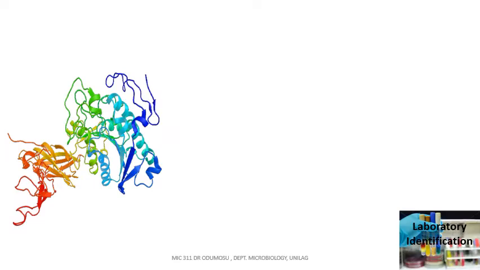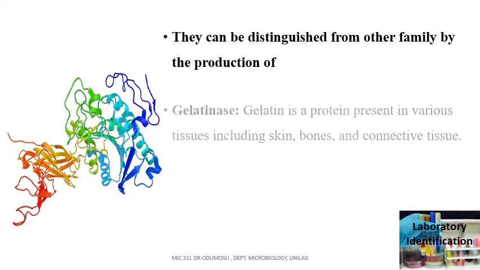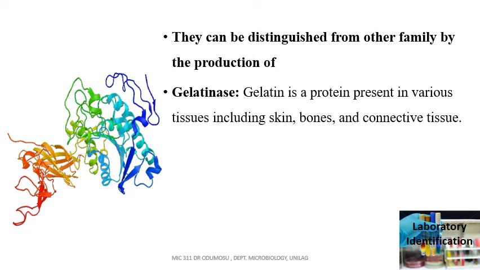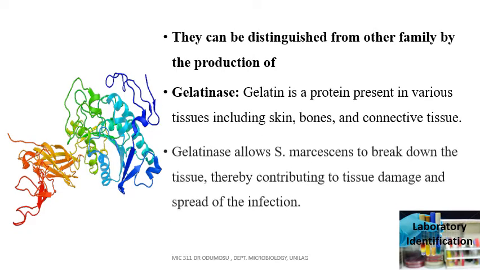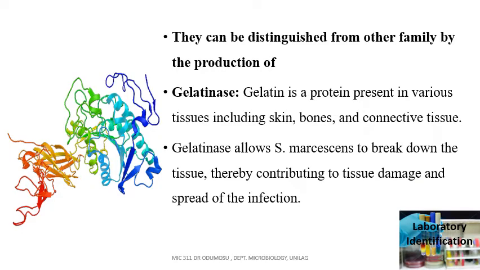The third enzyme that is produced as a differentiation from other Enterobacteriaceae is the gelatinase. Gelatin is a protein that is present in several tissues, including the bones, skin, and connective tissues of the body.